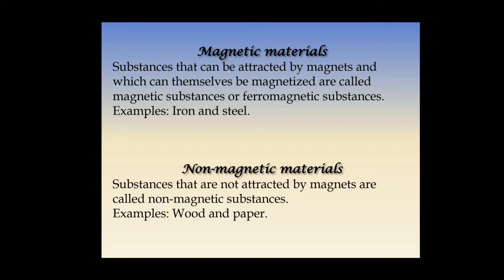So huge amount of substances we have which are non-magnetic materials because magnetic materials are very few, that are about iron, steel, nickel and cobalt, and rest of all the other materials are called non-magnetic materials because they are not attracted by magnets.